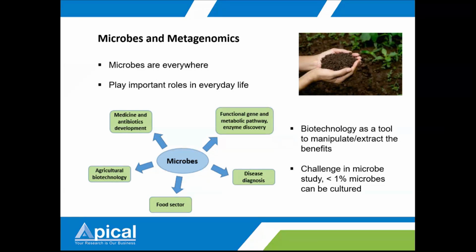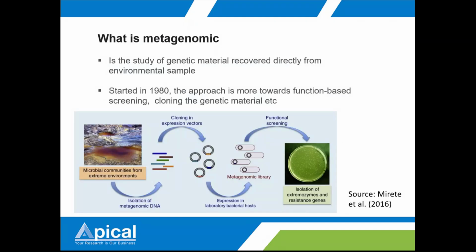Or in research and development, we look for a better enzyme, which has better efficiency to be used in industry or in food production. So this is just a few examples of the usage of microbe studies. There are many more. All right, so let's look into what metagenomics is.